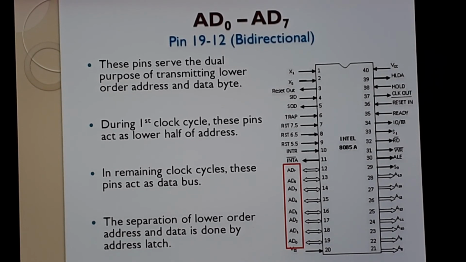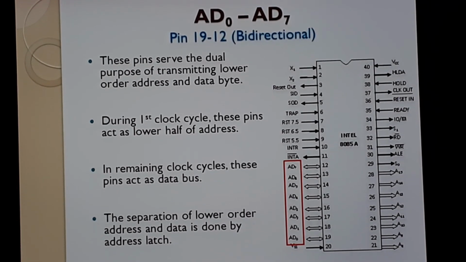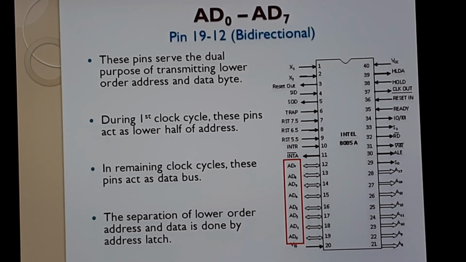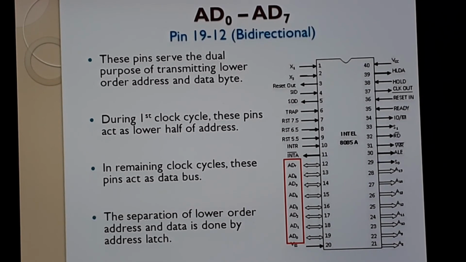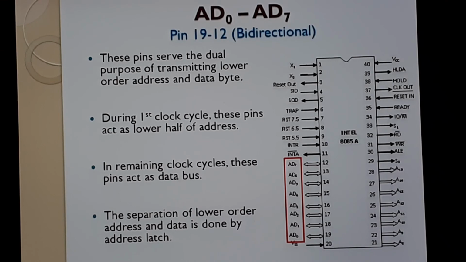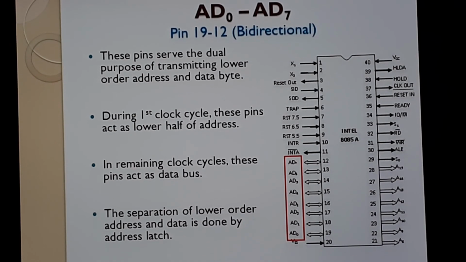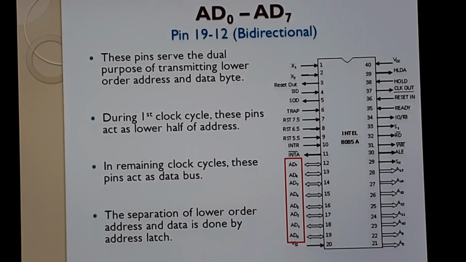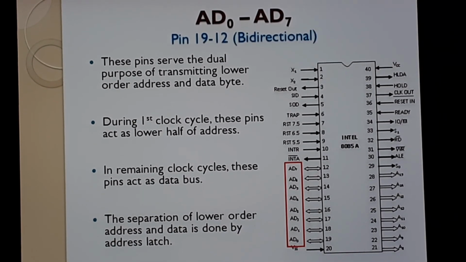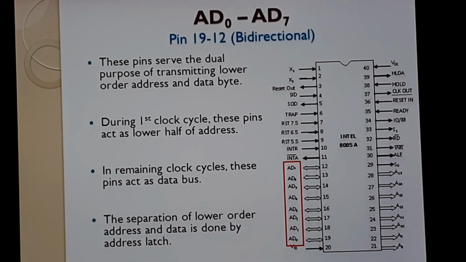So if you combine both these sets of pins, the address lines are a total of 16 lines. Hence the address bus contains 16 bits in the pin diagram. How? AD0 to AD7, which are address as well as data, 8 bits, and A8 to A15, which are a continuation of AD0 to AD7.